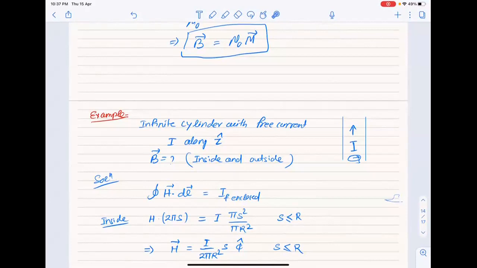Then H dot dl is nothing but H 2 pi S, because H is uniform, so you just take out the H and then you have the dl integration that gives you 2 pi S. And I enclosed. So what is the current enclosed in this particular area? The total current is nothing but I, and that is flowing through pi R square.